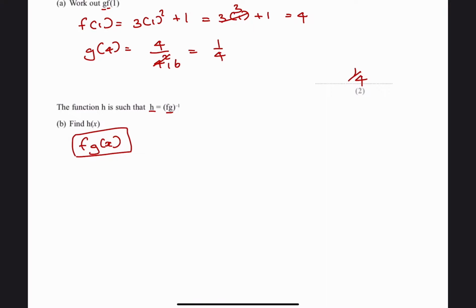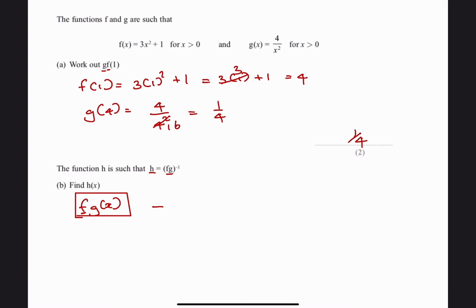Okay, fg of x, how to do something like this? You always write the first letter, which is the f, with the bracket. f is written as a bracket, so if you look at it, 3, not x squared, bracket squared plus 1. The first letter is written with the bracket whenever you see the two functions there. Then the second function, which is the g here, will go and sit inside the bracket. 4 over x squared.